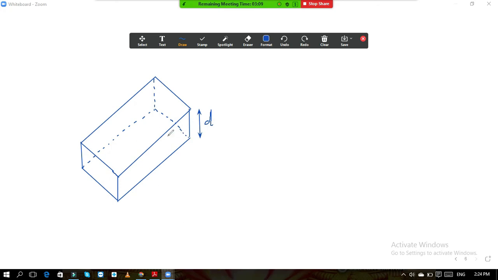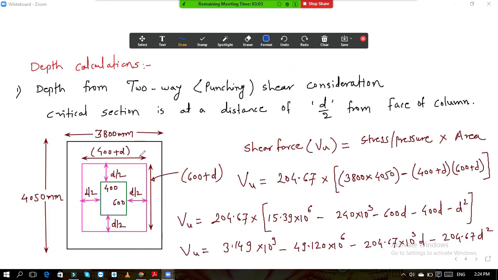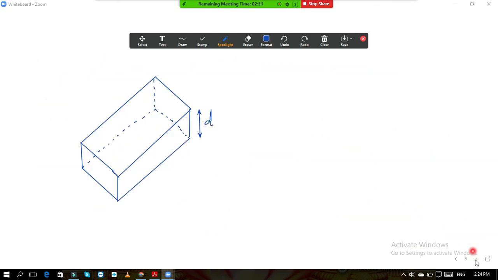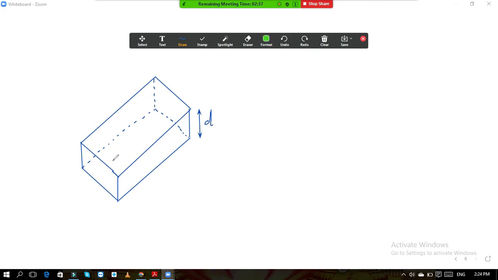So what is the dimension now? See how much is the dimension? Along x direction, the dimension is 400 plus d. Along y direction the dimension is 600 plus d. Okay, so along x direction, suppose I will consider this as 400 plus d. This I will consider as 600 plus d.